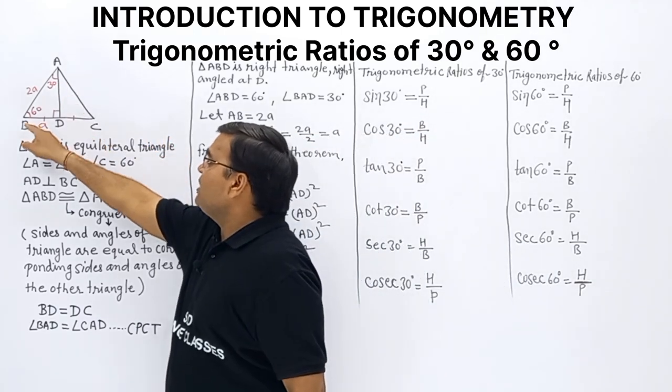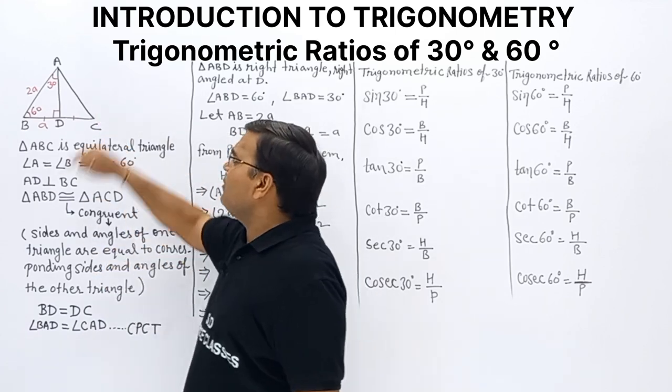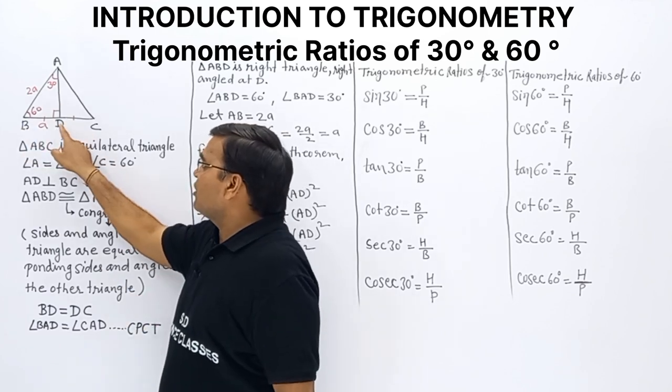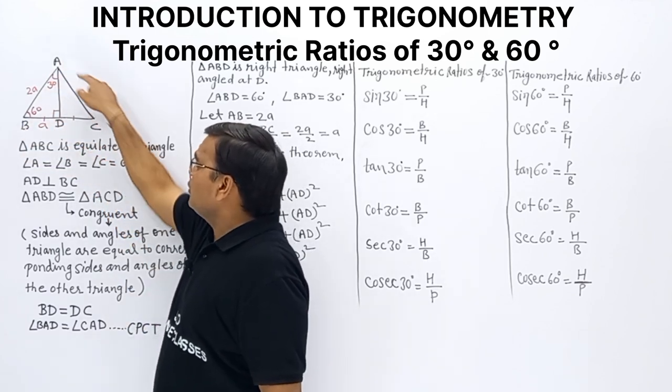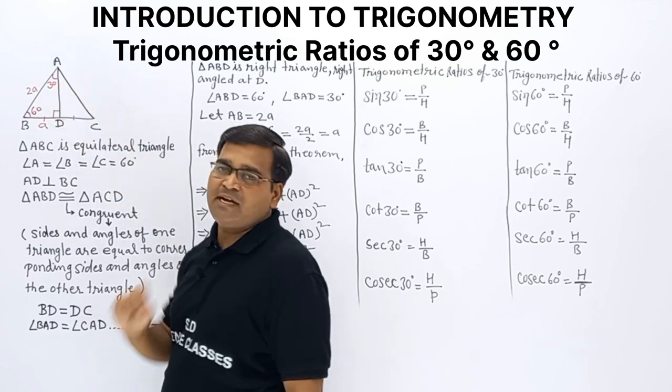Like ABD, whatever sides this triangle has will be equal to those of ACD. Yes or no? BD is equal to DC, AB is equal to AC. This is 60 degree, this is 60 degree, this is 30 and this will be 30.